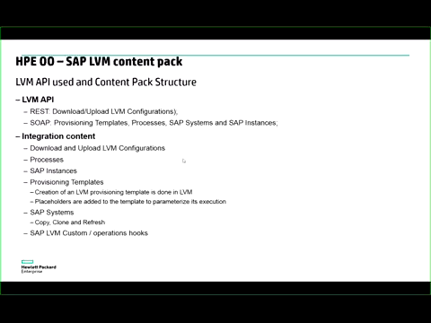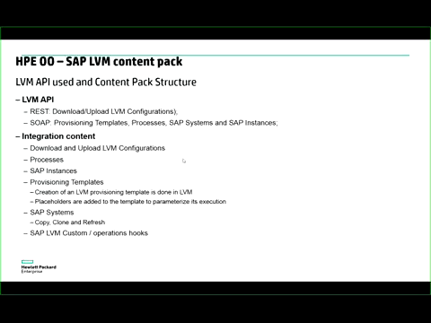Okay, thanks. So talking about the LVM APIs use and the content pack structure, for the development of this integration, we've been using the REST and SOAP APIs exposed by LVM. With the REST API, we've created operations that allow the user to download and upload LVM configurations. The rest of the integration content is based on the services exposed by the SOAP API.